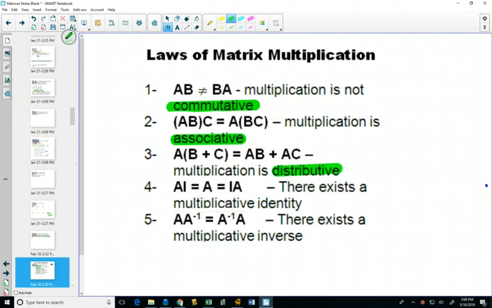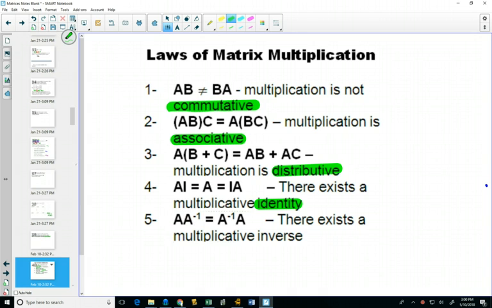With matrices, you can distribute. Now, usually distribution is not recommended because from what we've done so far, what's easier, adding or multiplying? Adding. So wouldn't you like to add first so you only have to multiply once, as opposed to multiplying twice and then adding once? What's the point of that law? Just to have it?